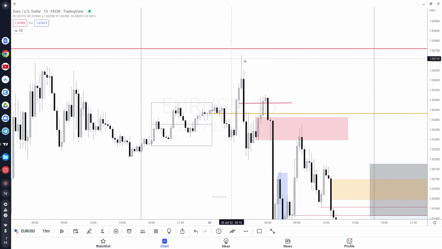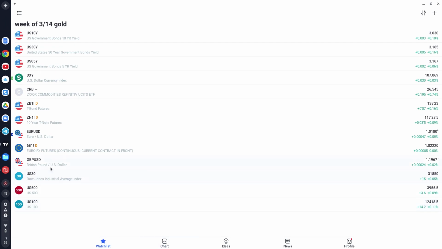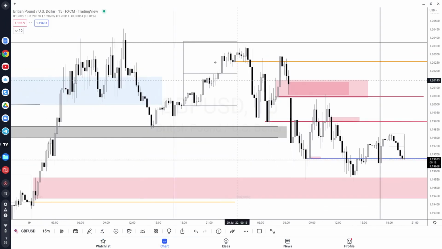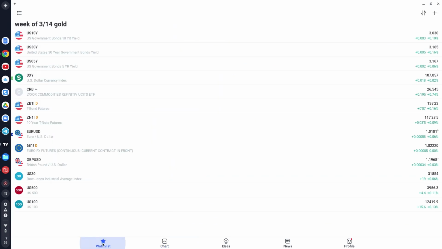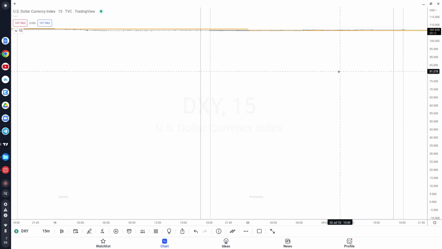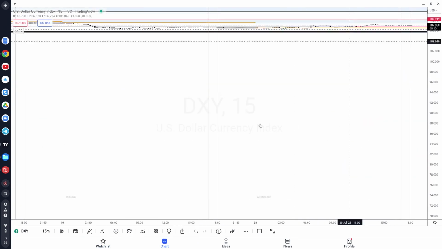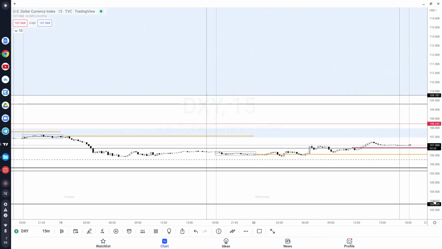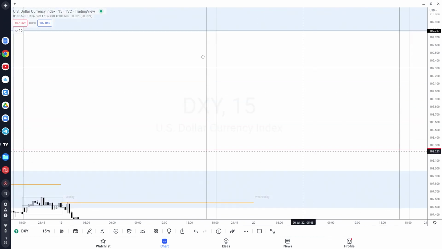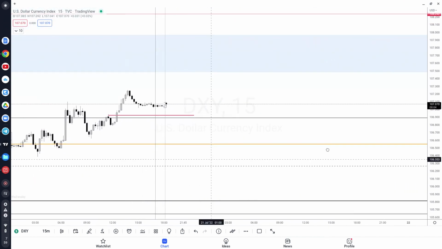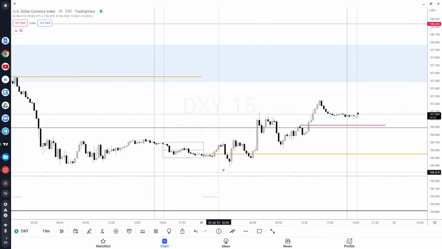But pay attention to this here, because once we come over to pound USD, if you notice, pound USD never ran this area, right? And then DXY, if the euro ran the Asia high, then DXY should have ran the Asia low, which is correct.